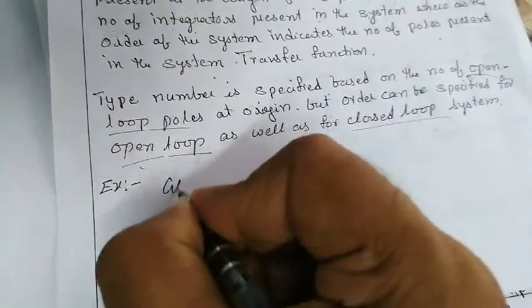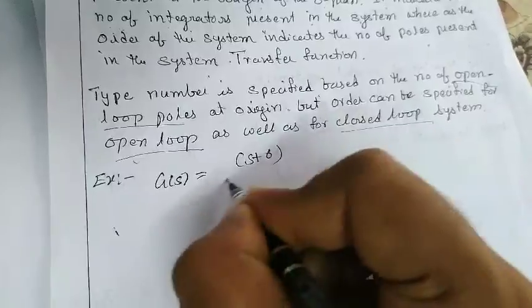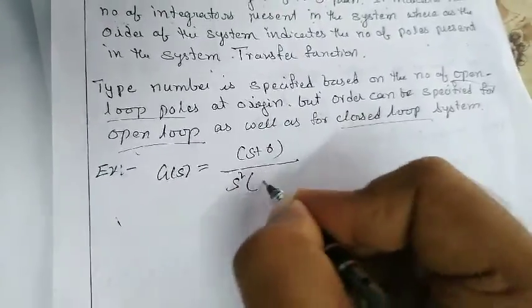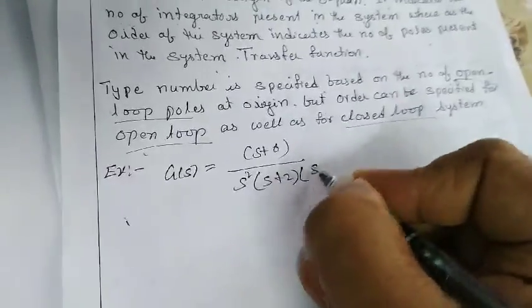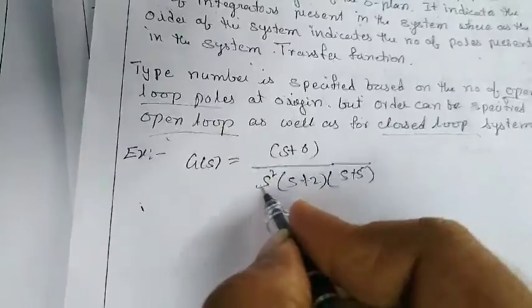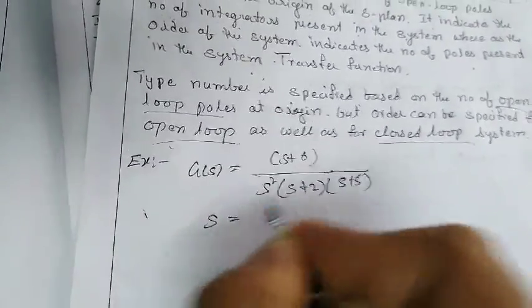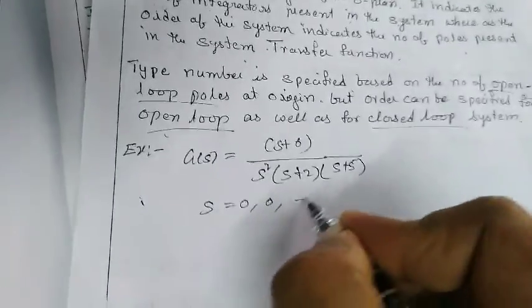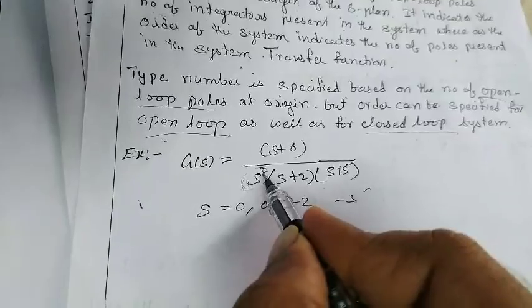We'll consider one more example. G(s) is equal to (s + 6) divided by s square (s + 2)(s + 5). Here in the denominator we have a total of 4 poles: s equal to 0, s equal to 0, s equal to minus 2, and s equal to minus 5. There are 2 poles at the origin.